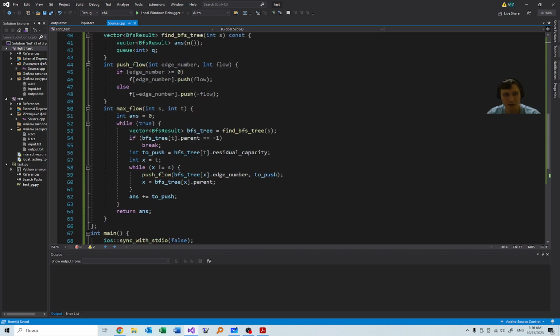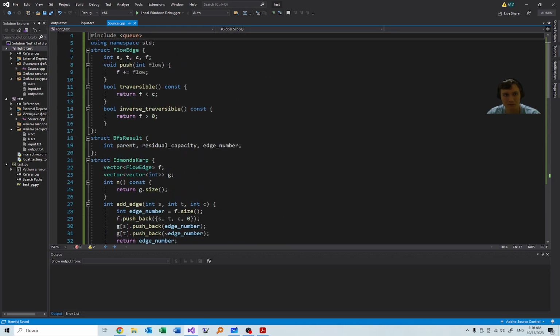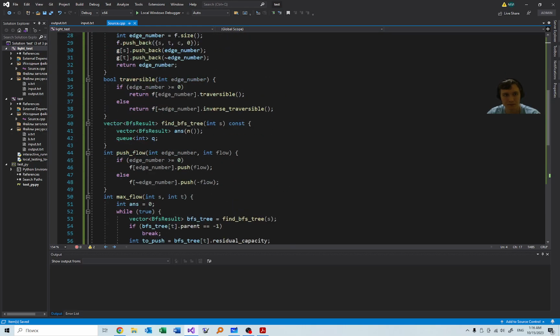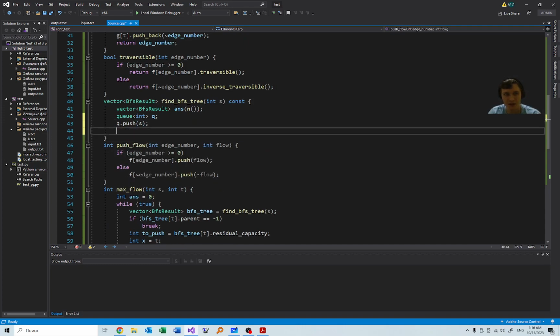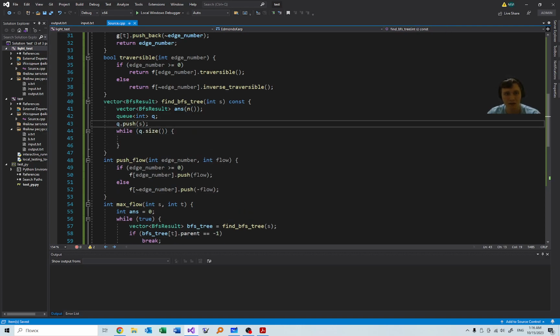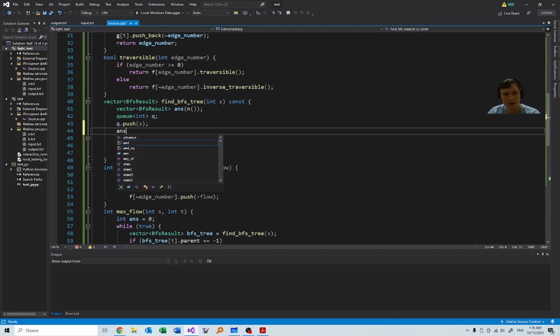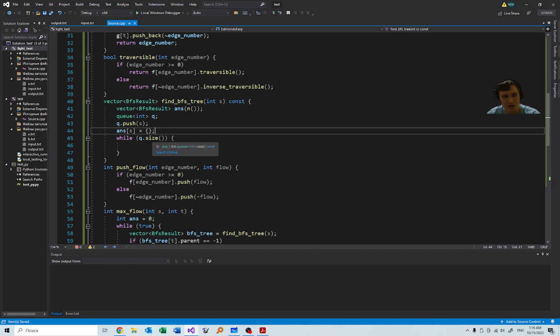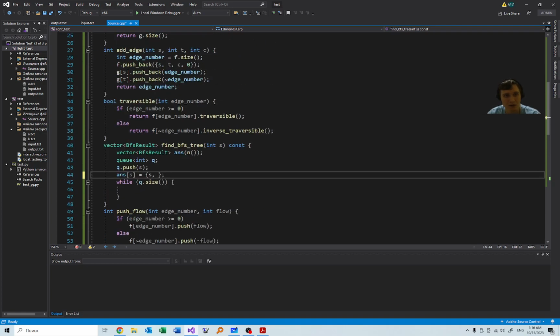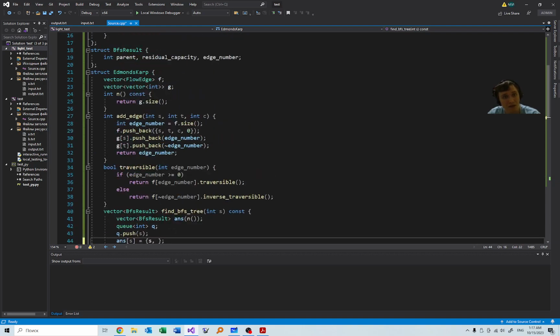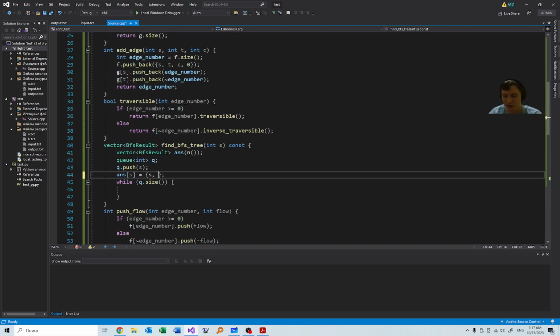And while... q.push of s and while q.size. Also, I would like to say that ans s equals something. What is something? It's just like s, infinity, minus 1. Infinity will be this, minus 1 will be minus 1.